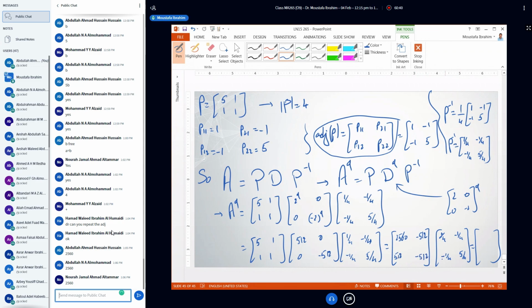Can you multiply these two matrices, guys? Multiply row by column, and give me the answer here. Please do the calculation.